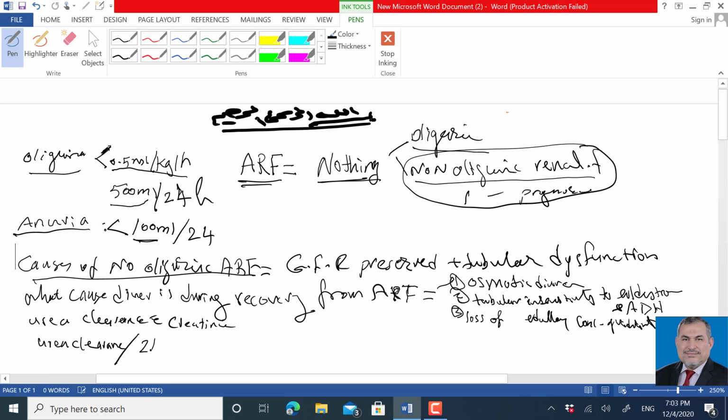Therefore, blood urea nitrogen rises before creatinine and falls after creatinine during the onset of resolution. Like urea increases before the creatinine increment and decreases later than creatinine. Okay.